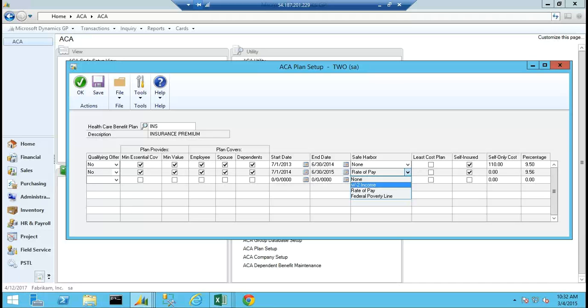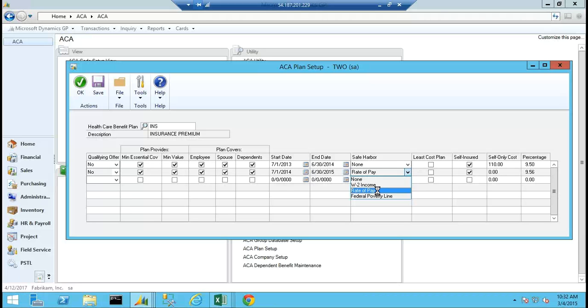So the rule here is I look at what the lowest hourly rate wage was for that worker on the planned start date, or if in a month that worker's wages went down for that month, that hourly start rate, times 130 hours, times 9.56%. And that is the rate of pay safe harbor. So it's tied to the individual's hourly wage.